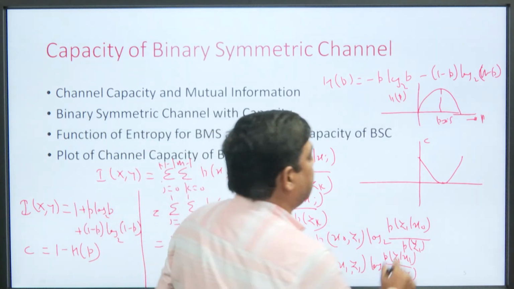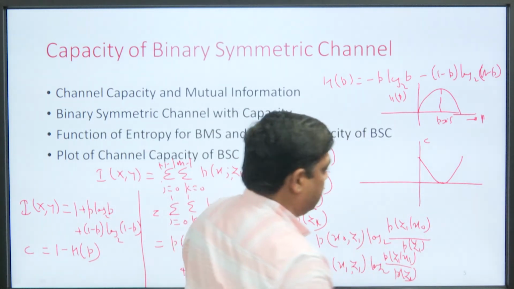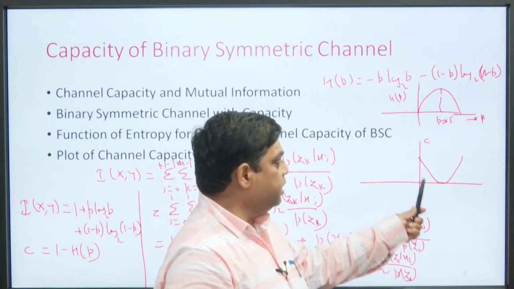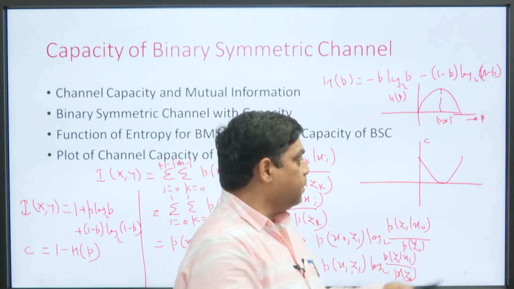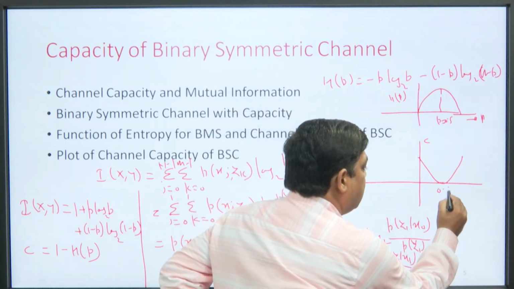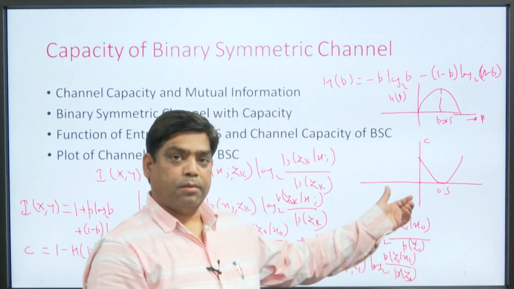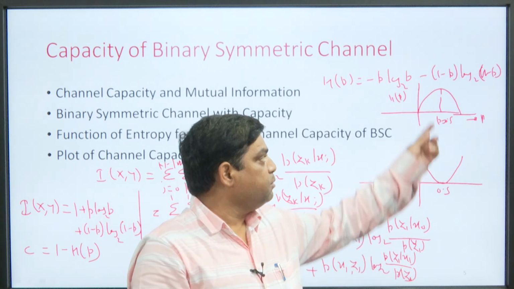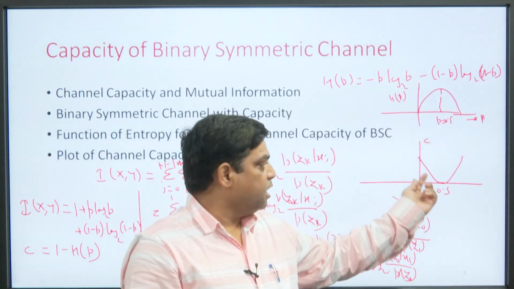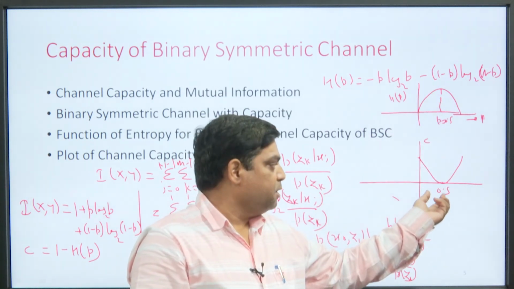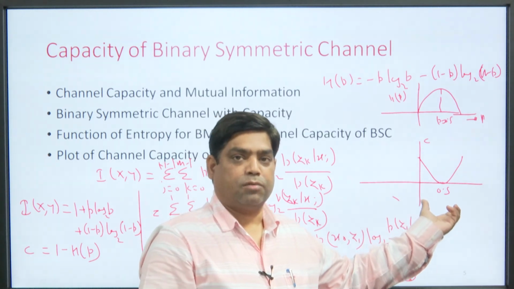And this is the plot. As per the capacity plot, capacity is 0 when probability is half, that is, uncertainty is maximum. When the probability is half, uncertainty is maximum, then channel capacity is minimum, zero, and no information passes through the channel.